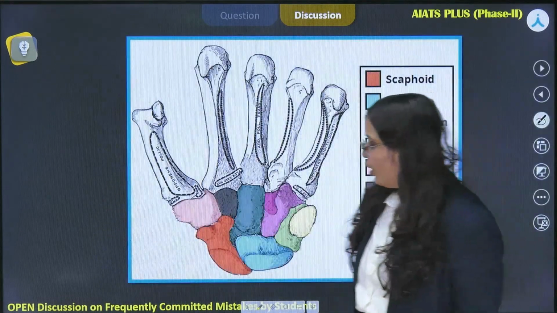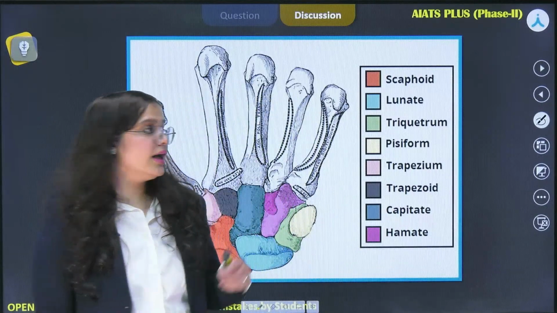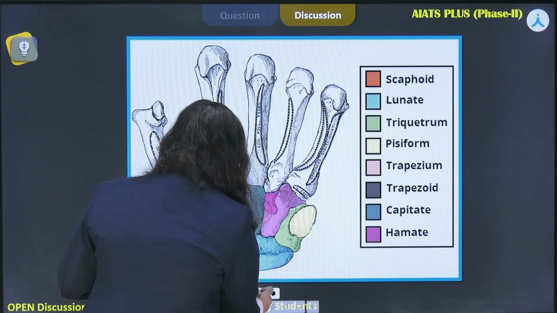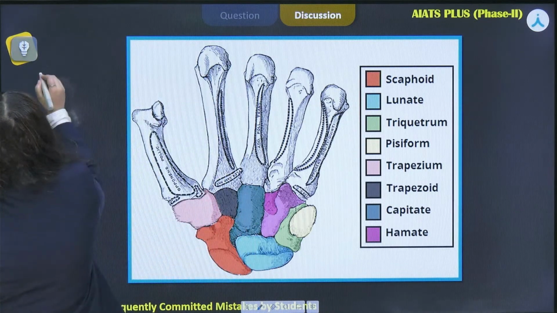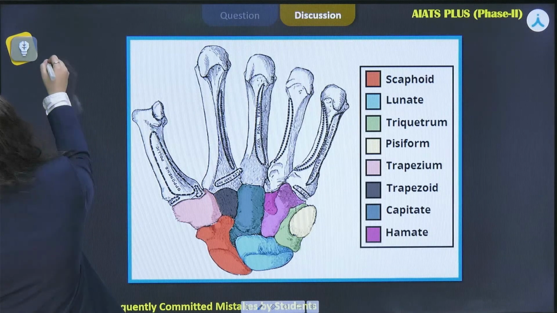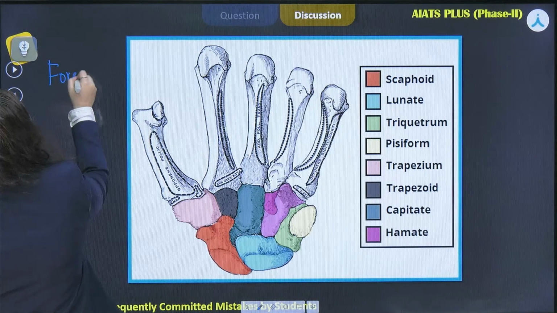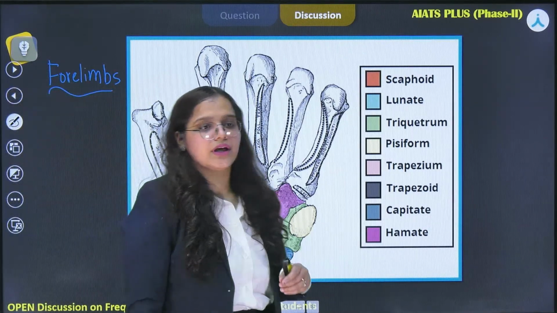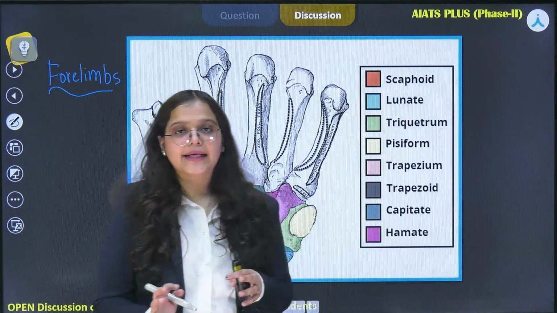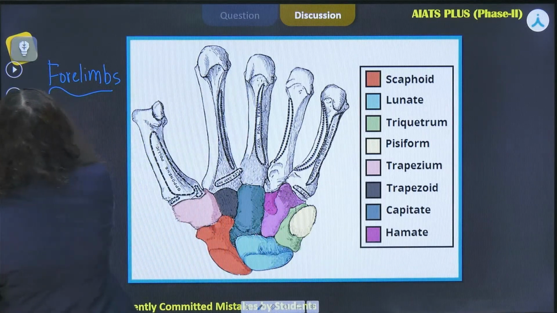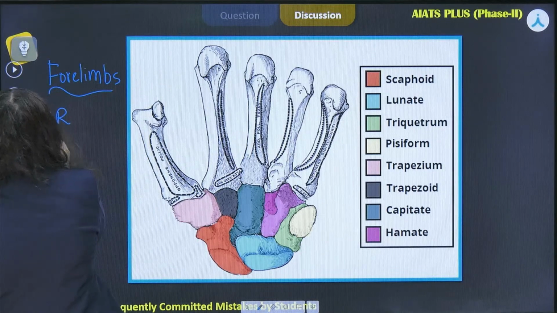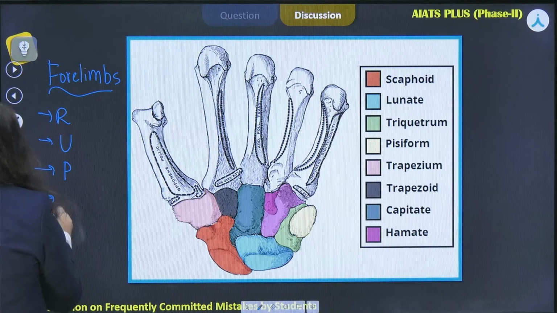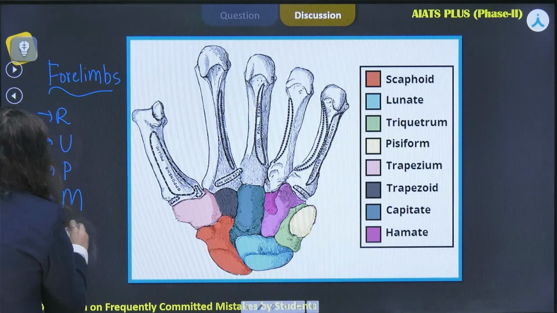Now on the screen you can see the image. Here, if we talk about the forelimbs, we have different bones associated with them, and they are the radius, the ulna, the phalanges, the metacarpals, and the carpals.